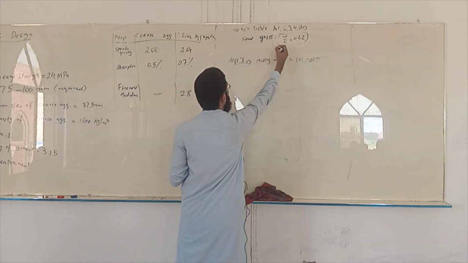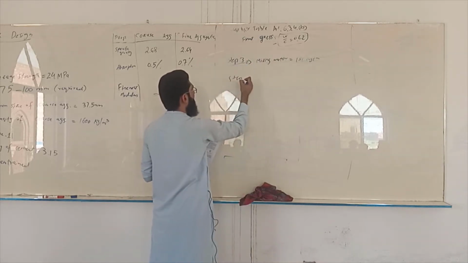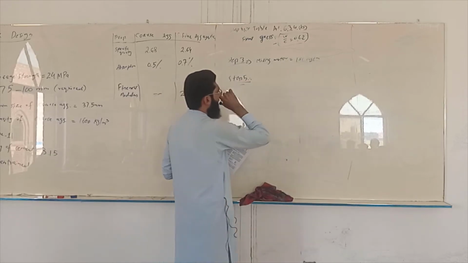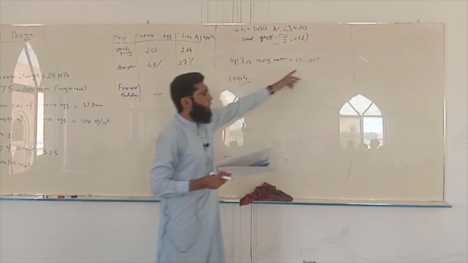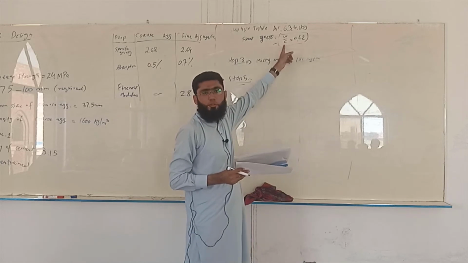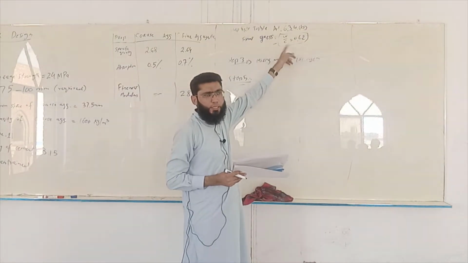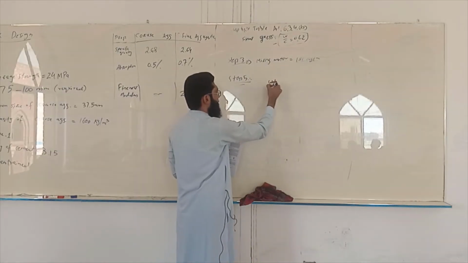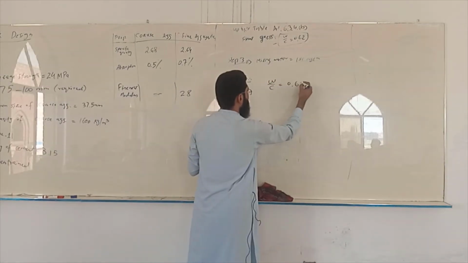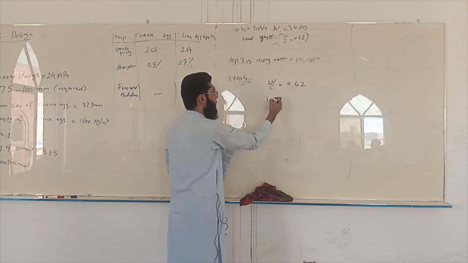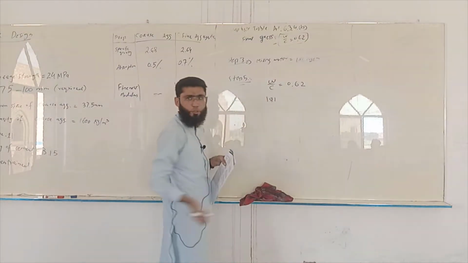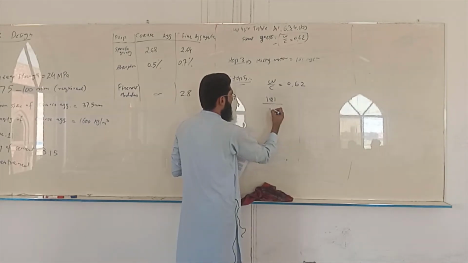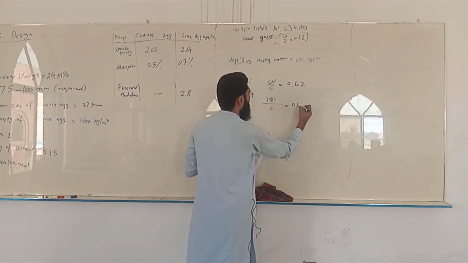This is step number 4, final output. And step 5. Now, if you have decided your mixing water requirement and your water cement ratio, it means your cement content will be decided based on these two parameters. If your water cement ratio is 0.62 and your water requirement is 181 kg for every meter cube of concrete, then what should be your cement requirement for every meter cube of concrete?